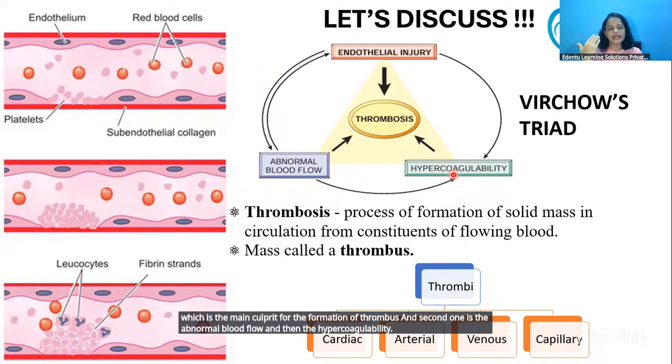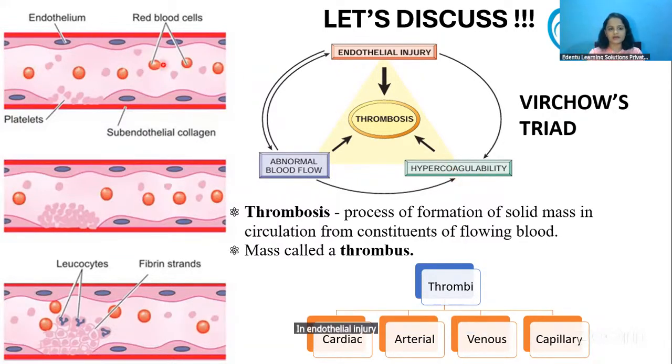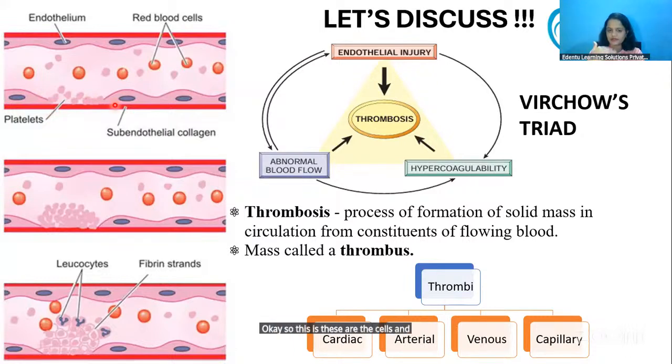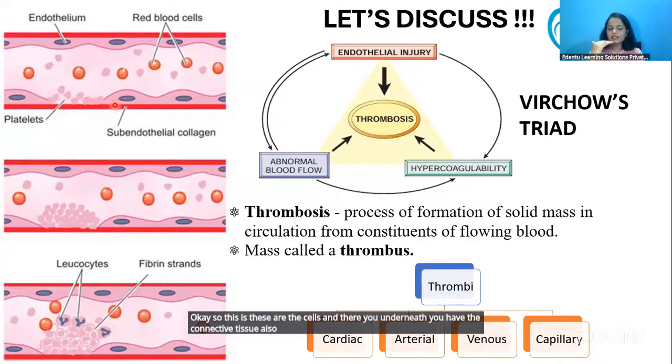In endothelial injury, what is happening is that, typical figure is given here. You can see that there is a breakage between the endothelial cells. So because of that, the subendothelial connective tissue, these are the cells, and underneath you have the connective tissue also, is getting exposed.